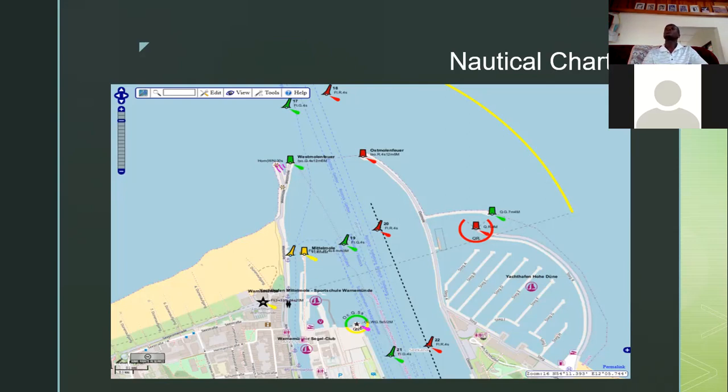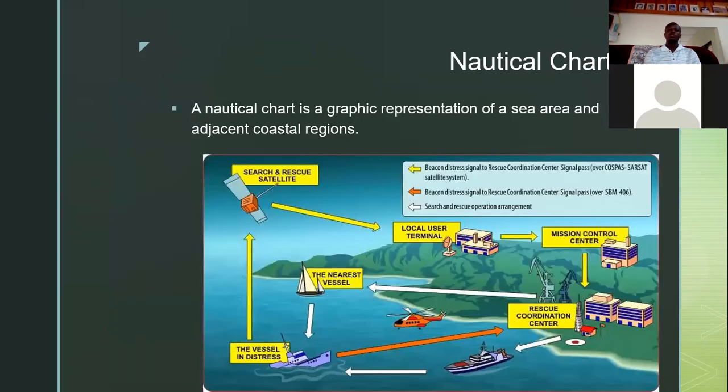We don't want the erosion of the shore, the shoreline erosion. So it's important for us to appreciate how these areas are mapped, and the way it's done is through what we call nautical charts.